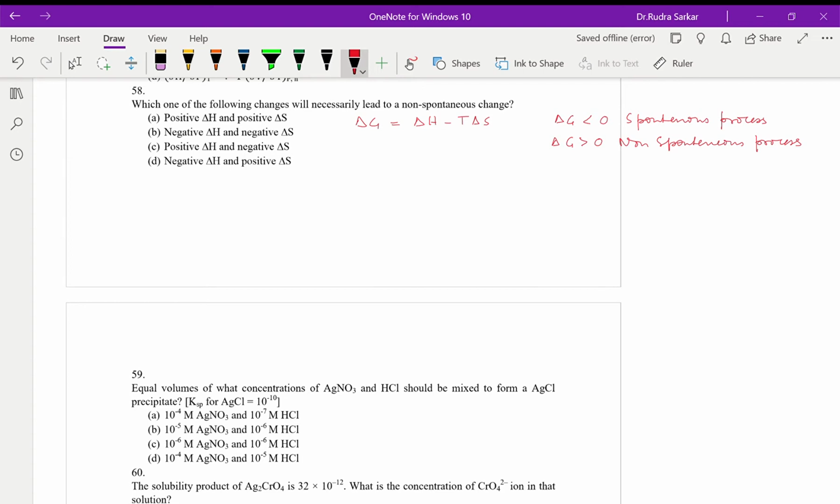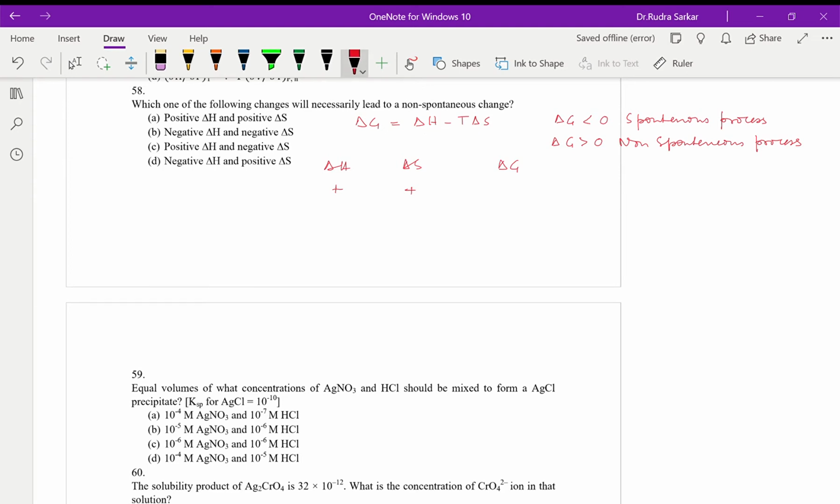Now, for each option, we will make a tabular form. So we have delta H, delta S, and delta G, and let us conclude. If delta H is positive and delta S is positive, now delta G can be negative at higher temperatures.